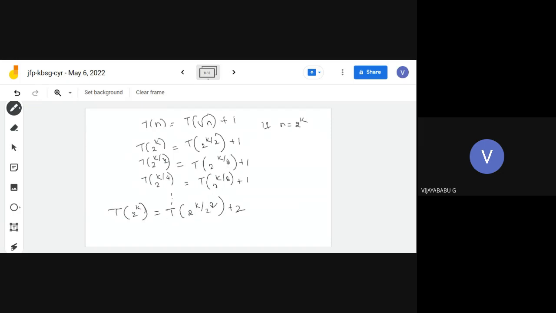You can also write 4 as 2 square, 8 as 2 cube.